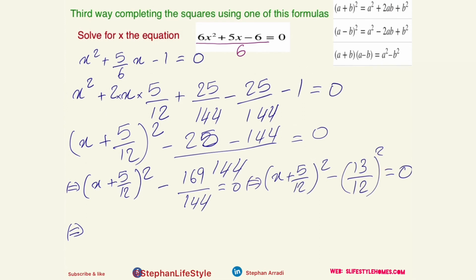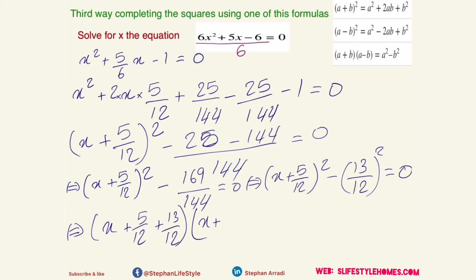So let's write down what it will give us. We'll have x plus 5 over 12, this is all a, so we have to add b, plus 13 over 12, close the parenthesis, and then put x plus 5 over 12 minus b, which is minus 13 over 12, and everything is equal to 0.